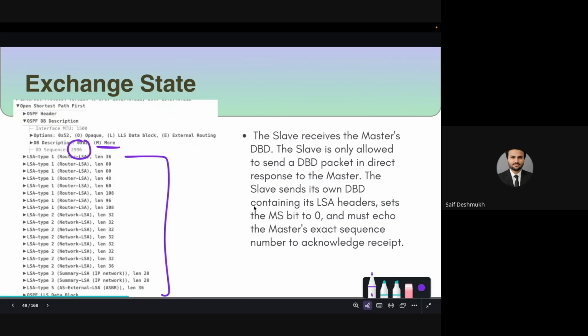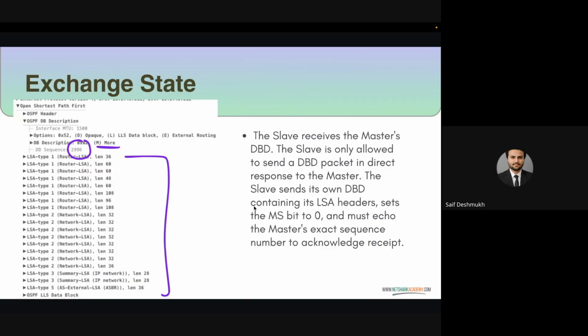So the slave is going to receive that DBD packet from the master, and the slave is only allowed to send, this is important, the DBD packet in direct response to the master. So the master is going to send a packet with sequence number 2996. Then only will the slave send its own information with the same sequence number.